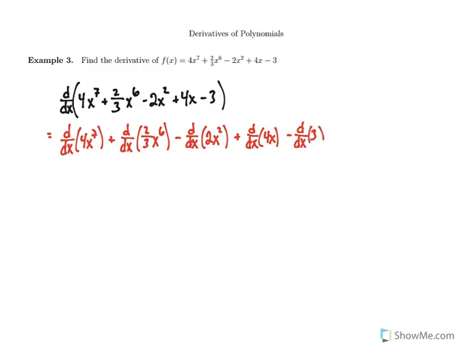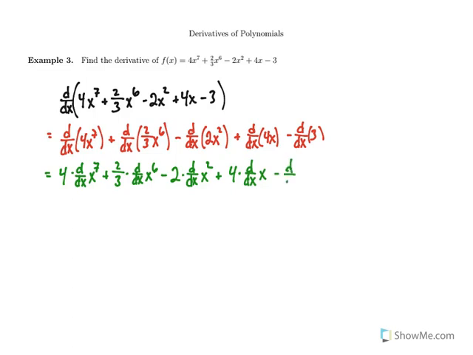Then I'm going to use the constant idea to bring the constant out in front and write this as 4 times the derivative of x to the 7th plus 2/3 times the derivative of x to the 6th minus 2 times the derivative of x squared plus 4 times the derivative of x, and then minus the derivative of 3.